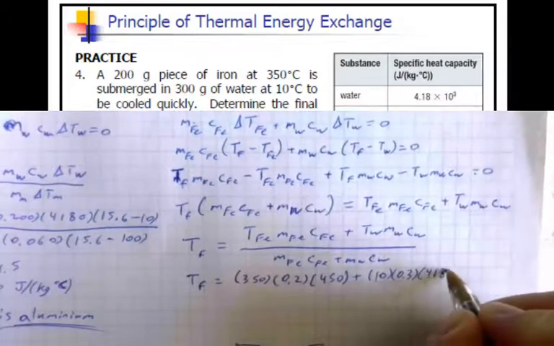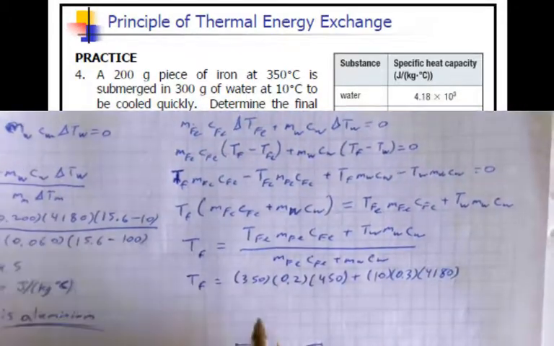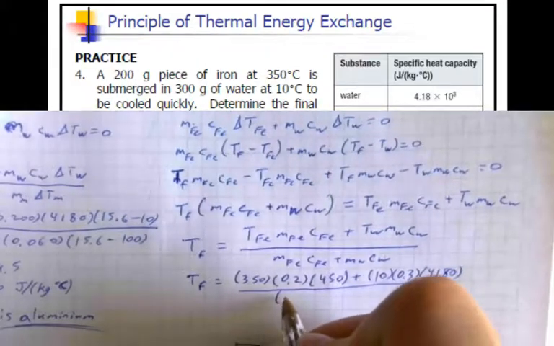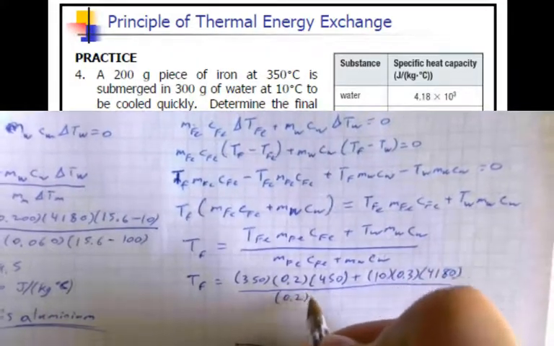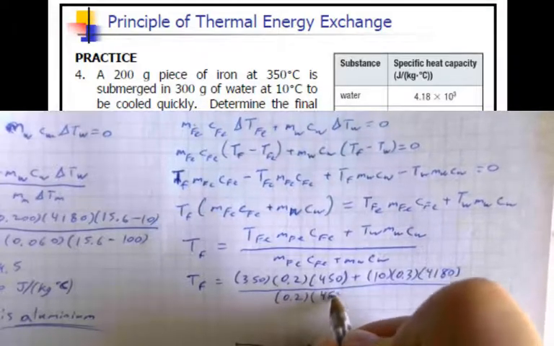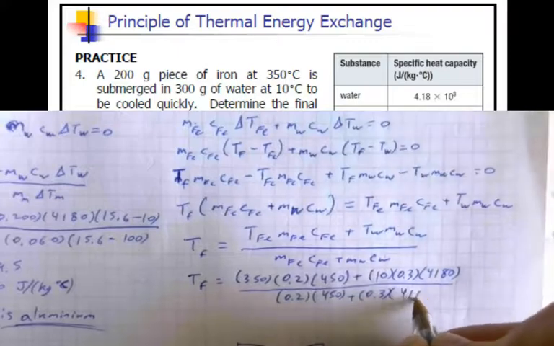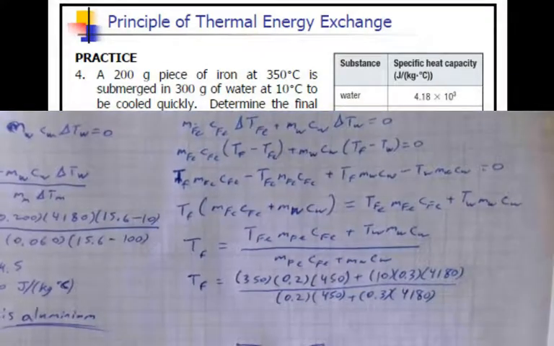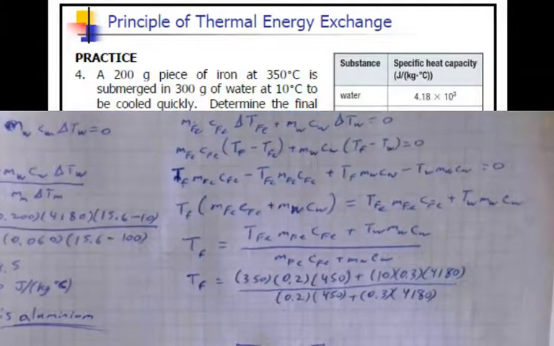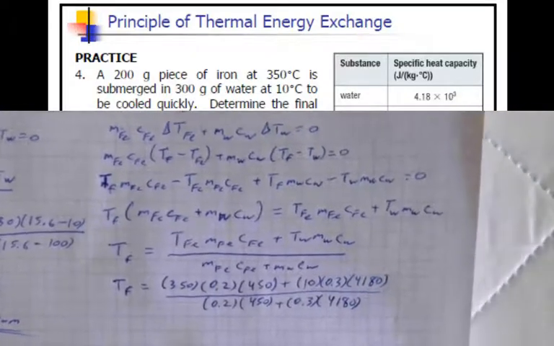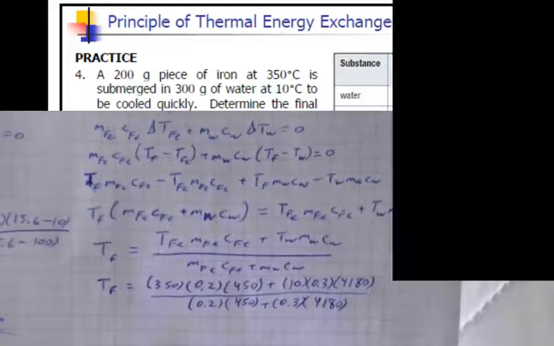The C of the water is 4,180. Divided by the mass of my iron, which is again 0.2, the C of my iron, which is 450, plus the mass of my water, 0.3, times the C of my water, the specific heat capacity. So this equation here is then put through my calculator, and I'll move it to the side so I can turn my calculator on and see it at the same time.